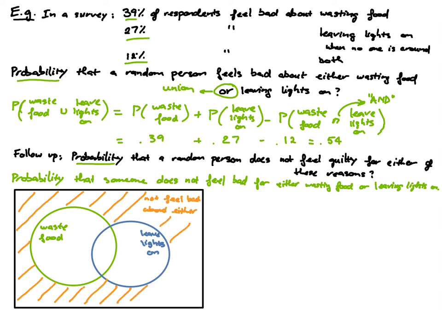But the non-shaded area in this Venn diagram, in other words, the area inside the two circles, represents the people who feel bad about either.